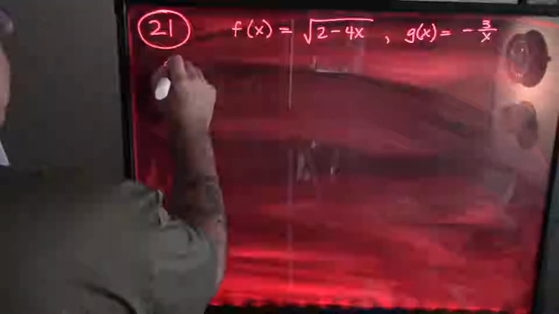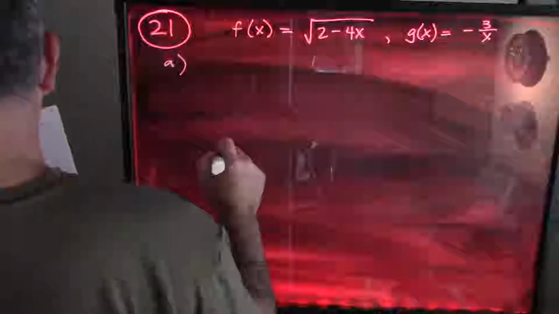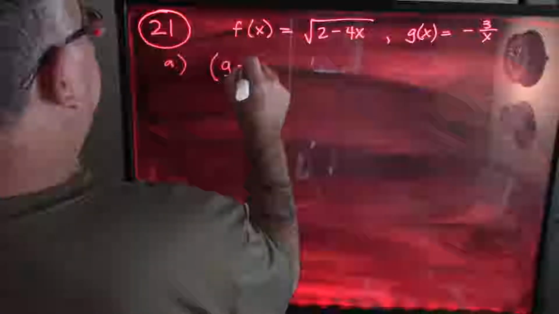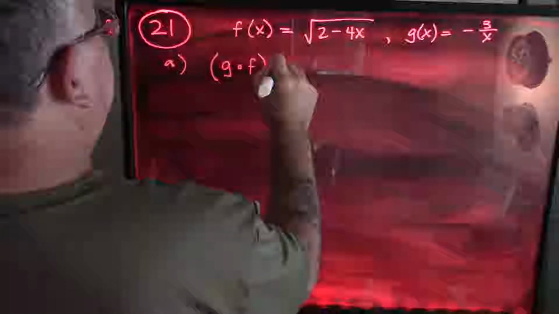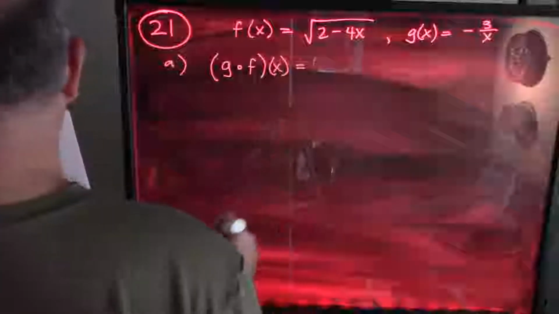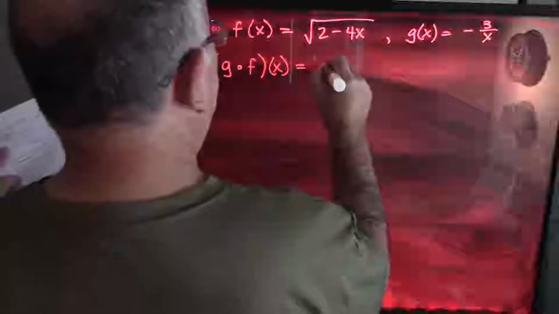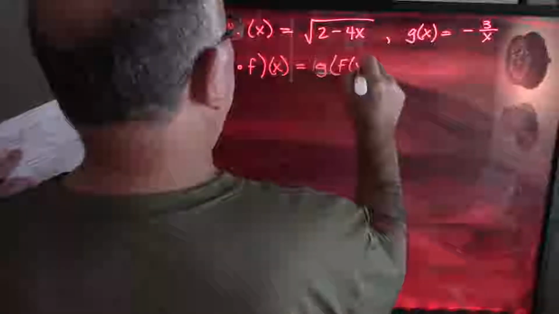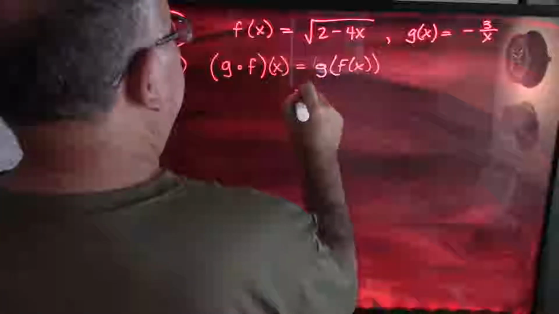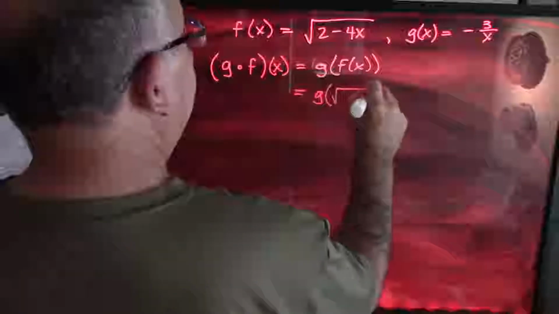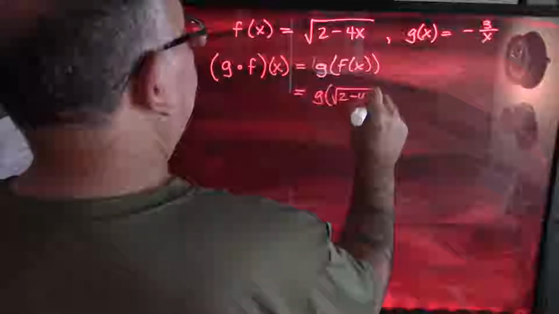So part A wants us to do this. g composed with f of x. Alright, g composed with f of x. So that's equal to g of f of x. And that's equal to g of square root of 2 minus 4x.